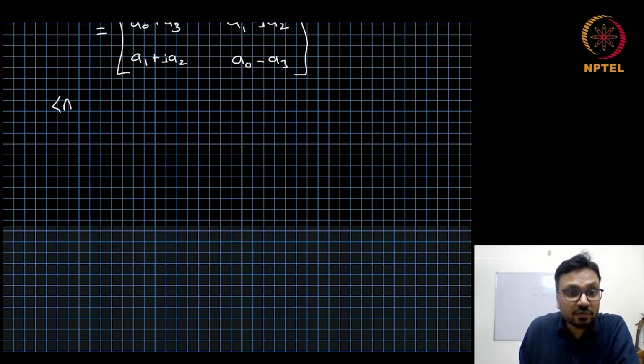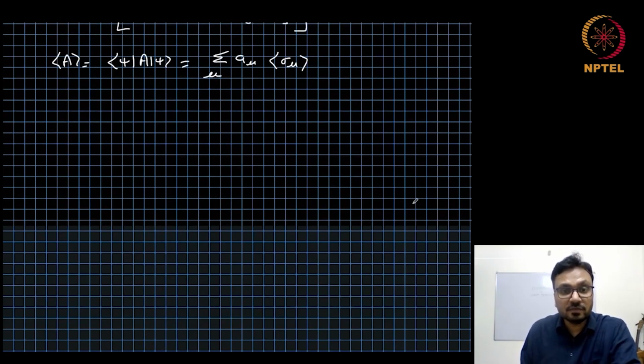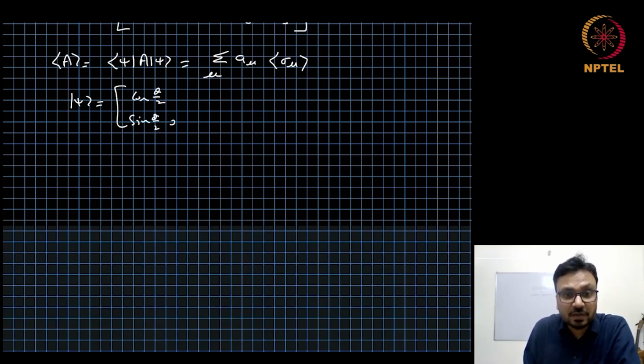The expectation value of A in a given state psi is the sum over mu of A mu times the expectation of sigma mu. So if we are given psi to be cos of theta over 2, sine of theta over 2 times exponential of i phi, then we can calculate sigma x.